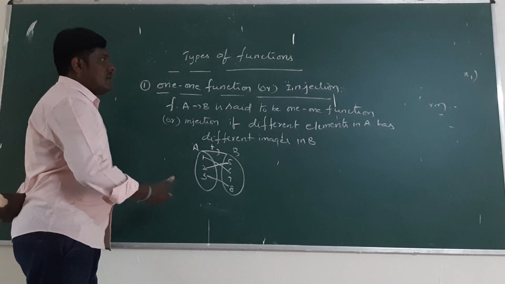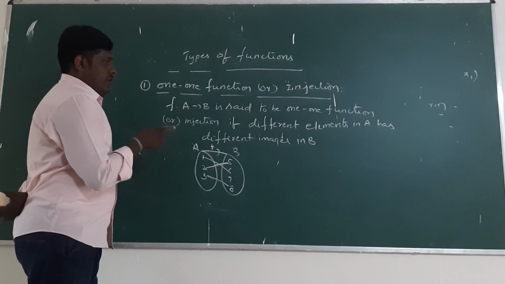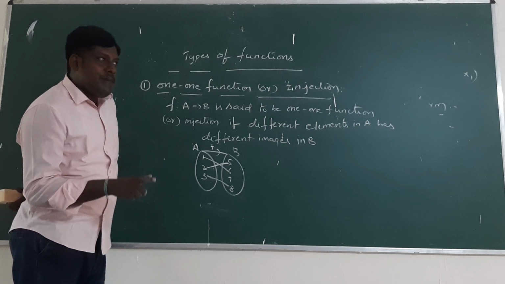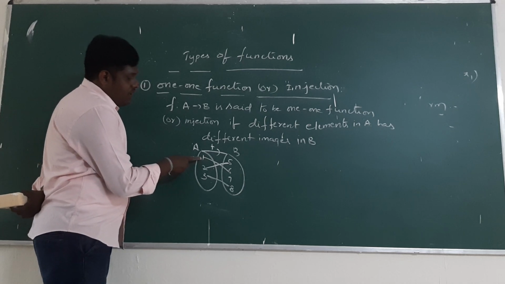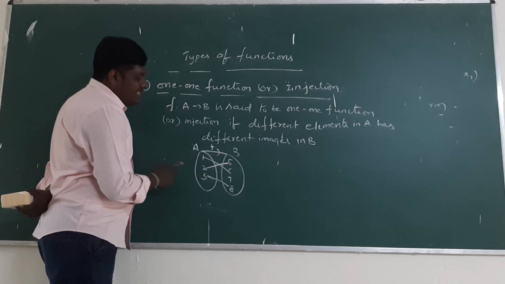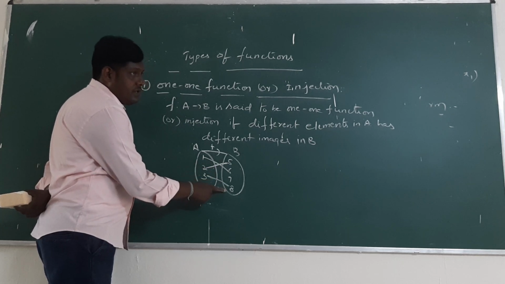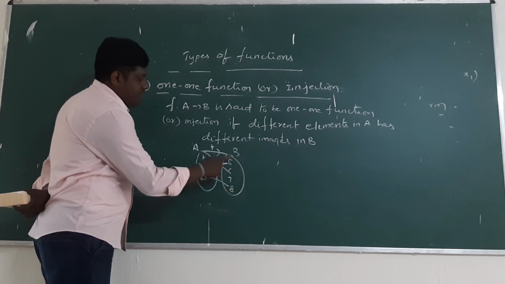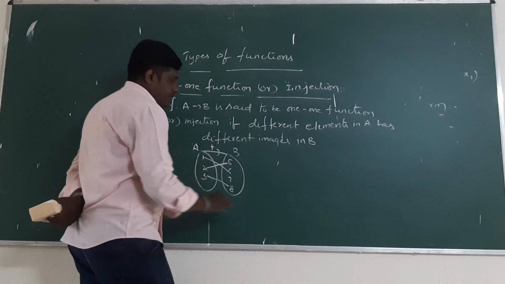And what is the definition of one-one function? Different elements in A have different images. Let's check. What is the image of 1? 6. What is the image of 2? 5. What is the image of 3? 8. Different elements have different images. That's why it is one-one function.